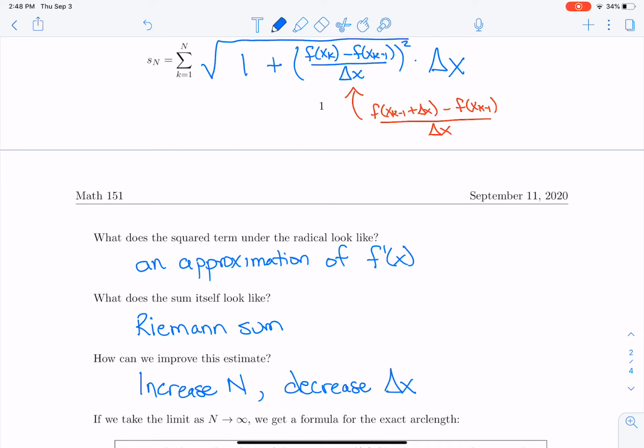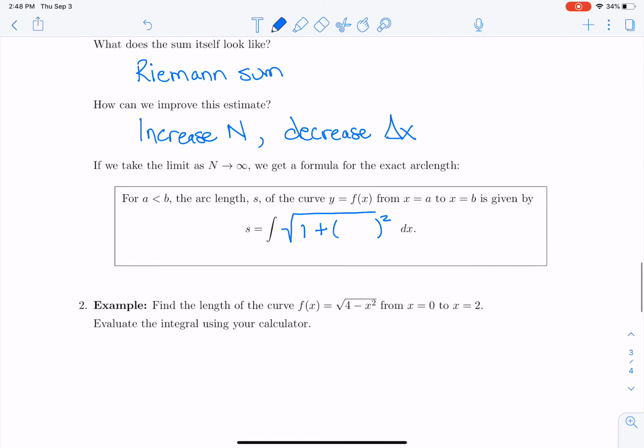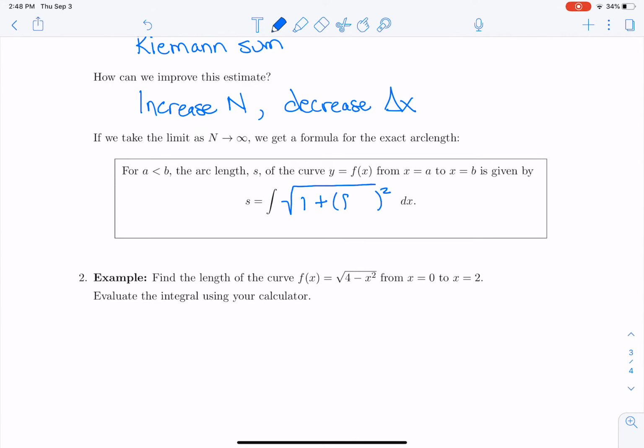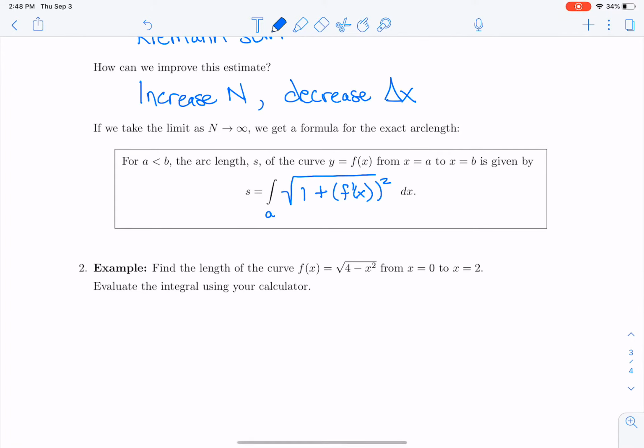So that limit as delta x goes to 0 is going to turn that approximation of the derivative into the exact derivative. So this is actually going to be f prime of x, quantity squared. And then, of course, we want to start that integral at a, and we want to go to b.